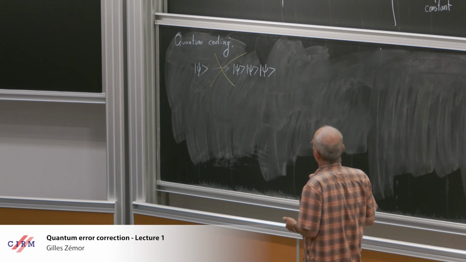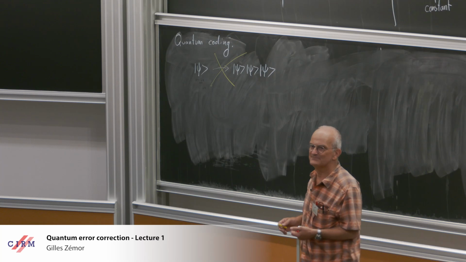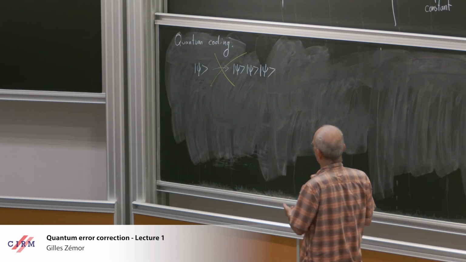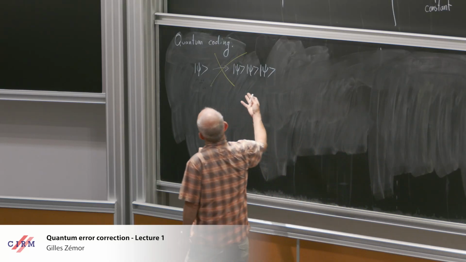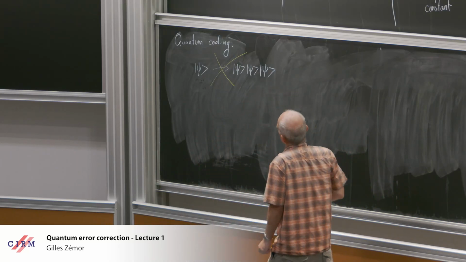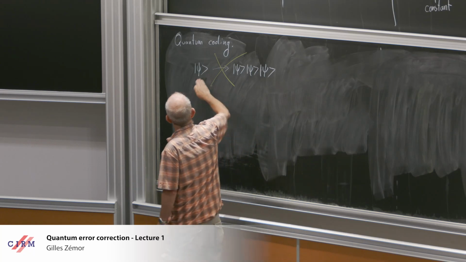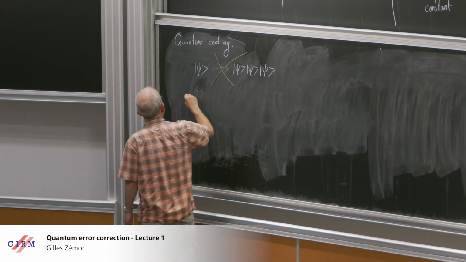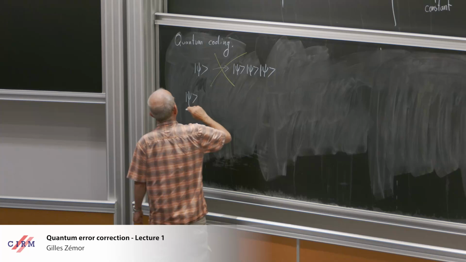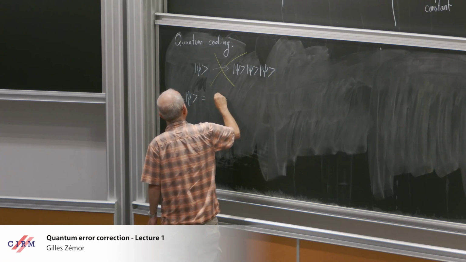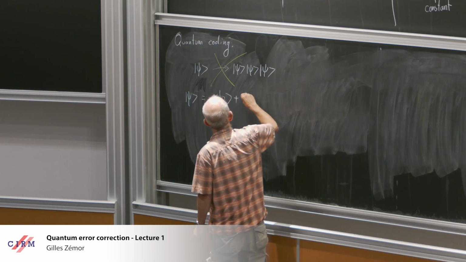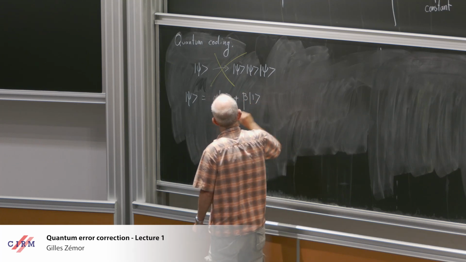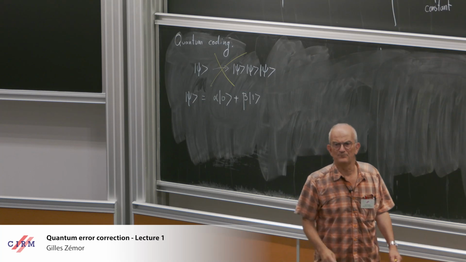But it turns out that, no, you can actually correct errors in the quantum setting. So you can do, to start with, something which is a little more modest than this. So suppose you start from a quantum state which is just a single qubit, alpha 0 plus beta 1. What could you do?